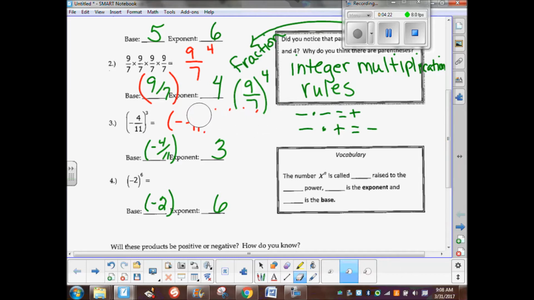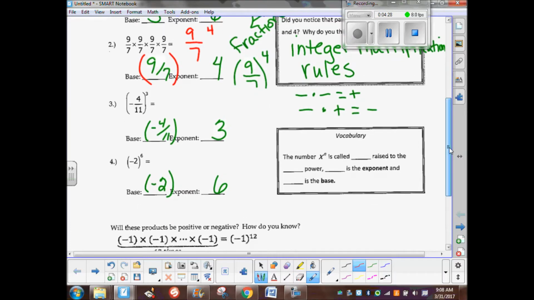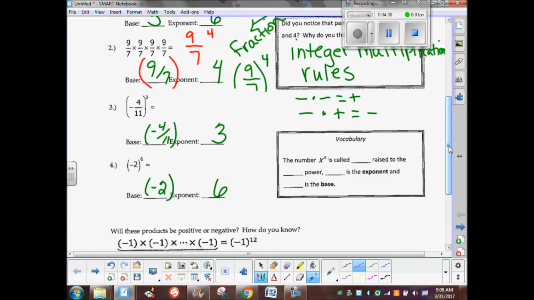Let's back that up. What if my initial problem was this? What if I take away the parentheses there? It would look like you were trying to do negative 4 to the 3rd power. Right. Okay. Negative 4 to the 3rd power.